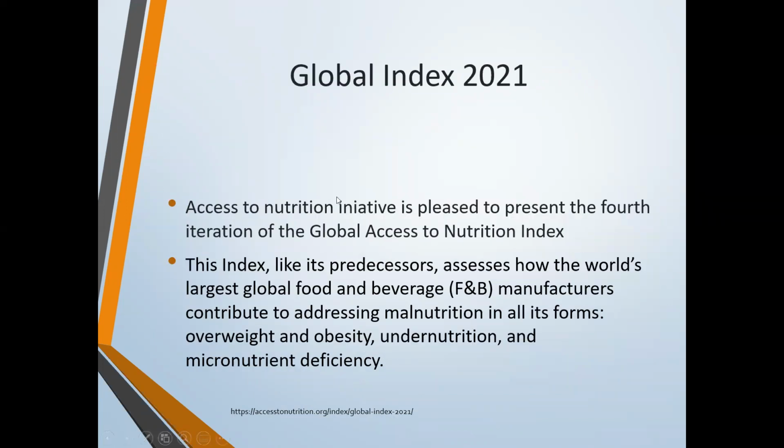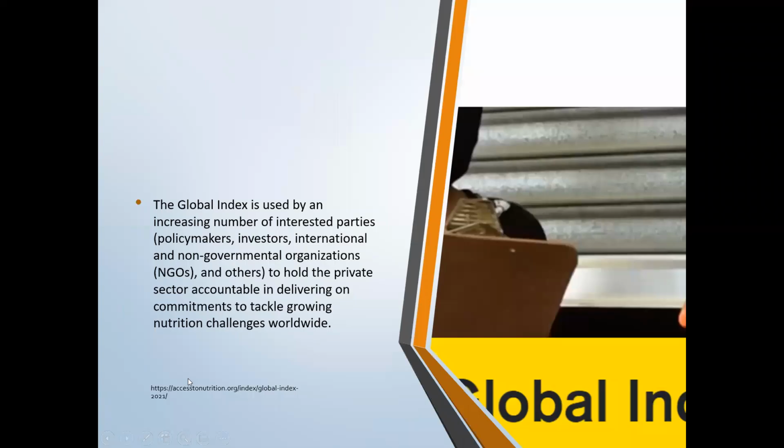There is an index known as the Global Index 2021 that is used internationally by different organizations. It is a nutrition initiative to see how well nutritional programs and interventions are working at different levels across the world and countries. It monitors food and beverage manufacturing and addresses malnutrition in all forms, like obesity, overweight, undernutrition, and micronutrient deficiencies.